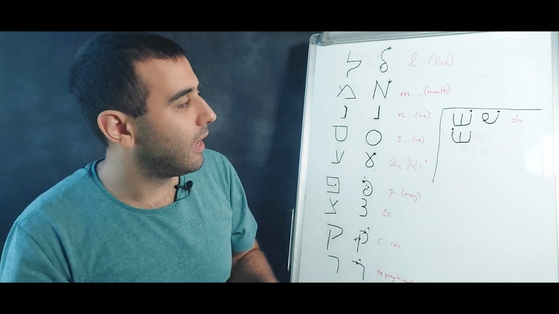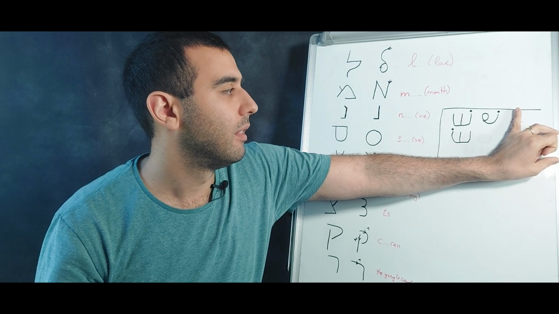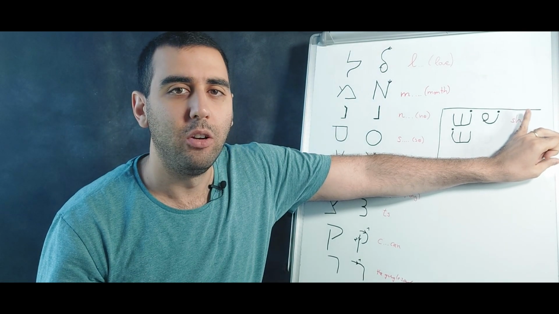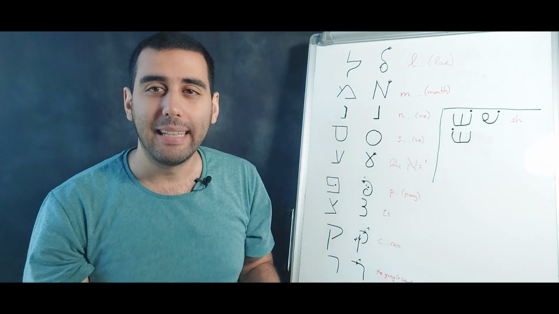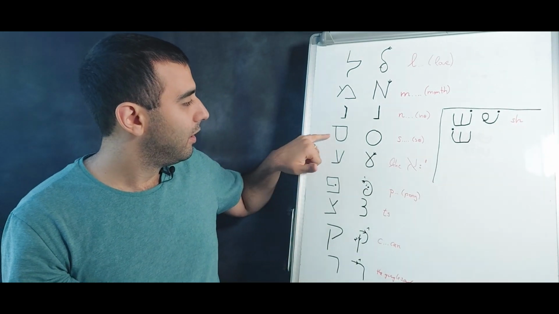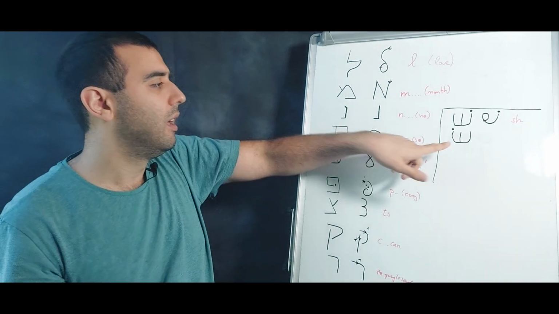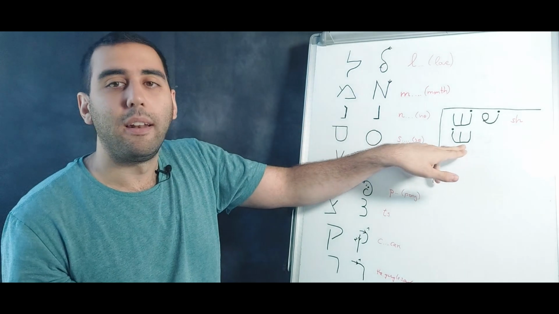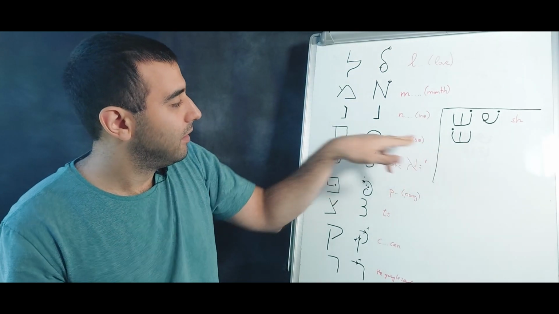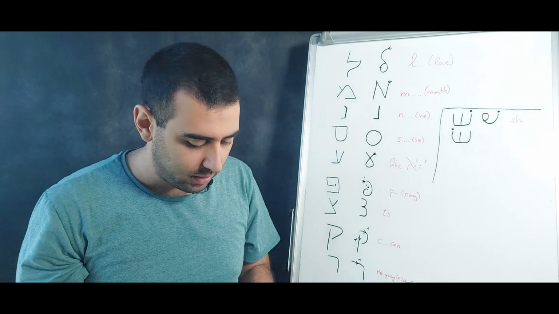If you remove the H, what remains is the letter S, like seen. It's like the letter we saw here, Samech. It has the same pronunciation, that's why it's in the same line. So Seen and Samech are pronounced the same.